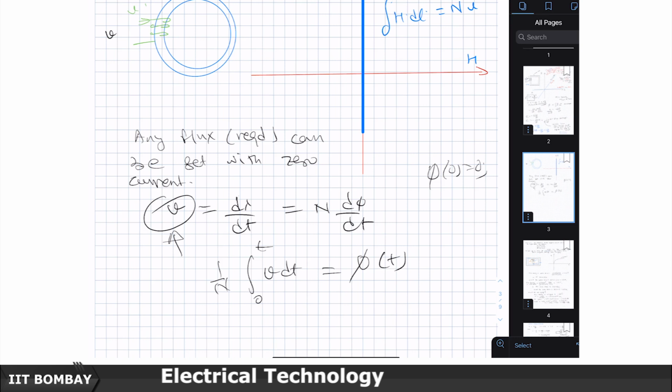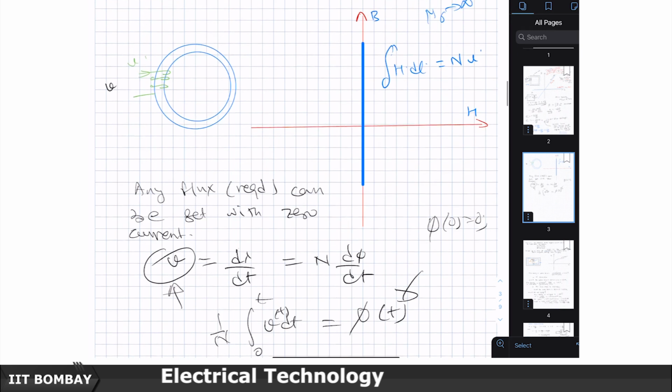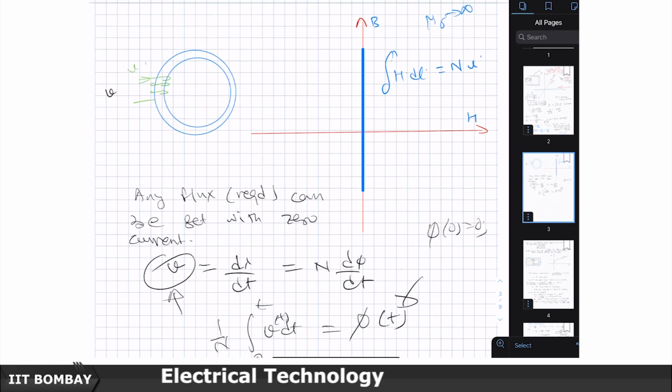If V of t is a sinusoid, then the integration of a sinusoid is a cosinusoid. So I will get a waveform which looks like a cosinusoid, and that gives the flux, but the current which would be required to set it up would still be 0.